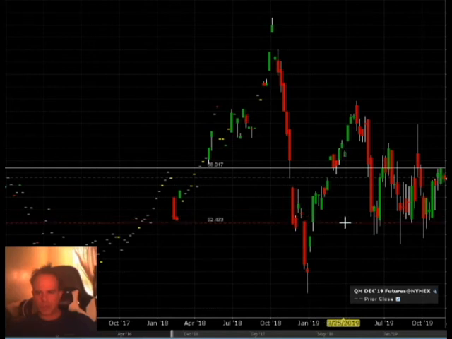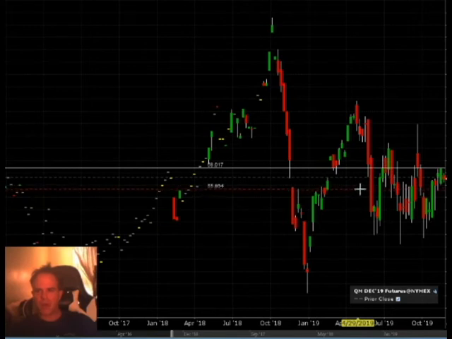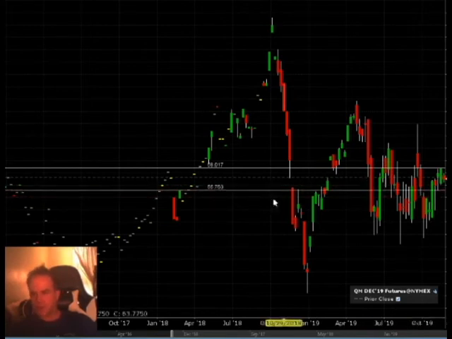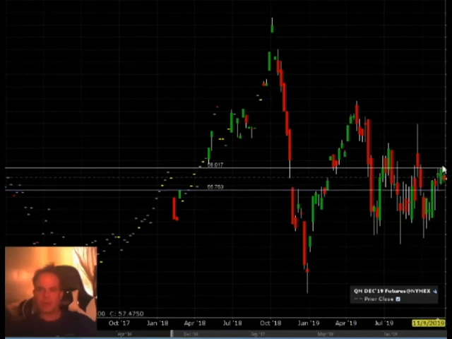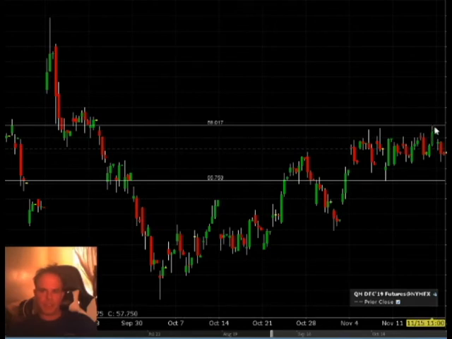Let me show you something else. This area is a lot of congestion down here. Just want to point this out because we got a ton of wicks just coming down, reversing.